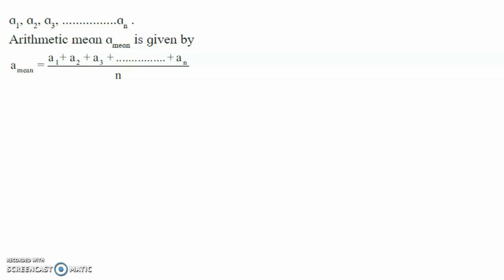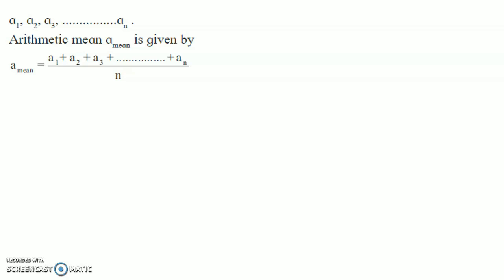So we are taking the readings for the same physical quantity, not once, but n times. And the readings which we get, we will be naming A1, A2, A3 up to AN. The arithmetic mean, A mean, is given by, we already know the formula for mean, A mean equal to A1 plus A2 plus A3 up to AN divided by N.